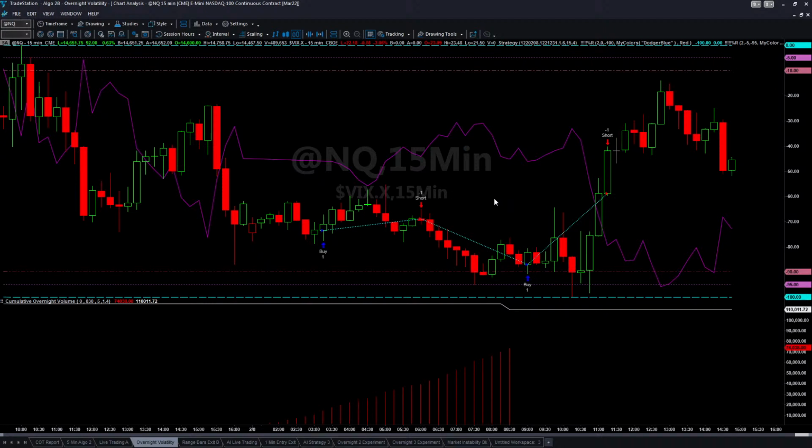With respect to the overnight, guys, this overnight chart tracks the relationship between price and volatility among a few other proprietary things I've set in the algorithm. It starts tracking since midnight all the way through the course of the day, right?